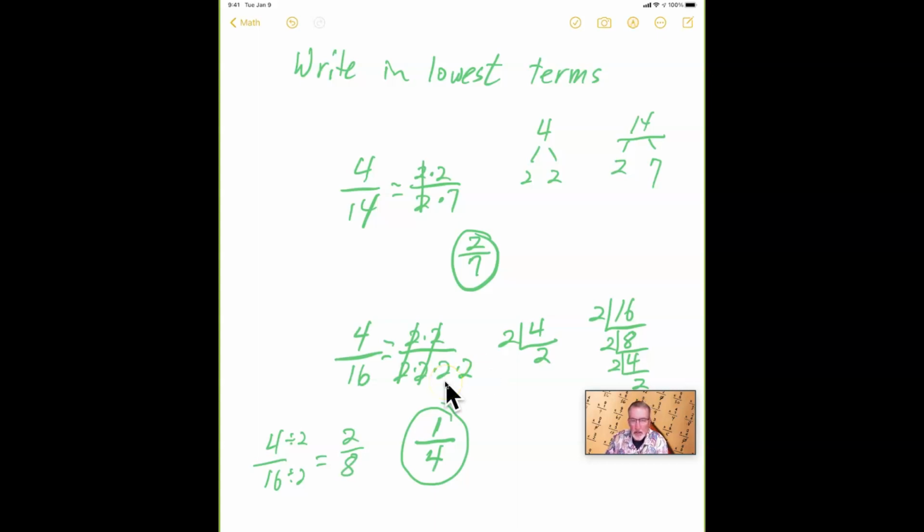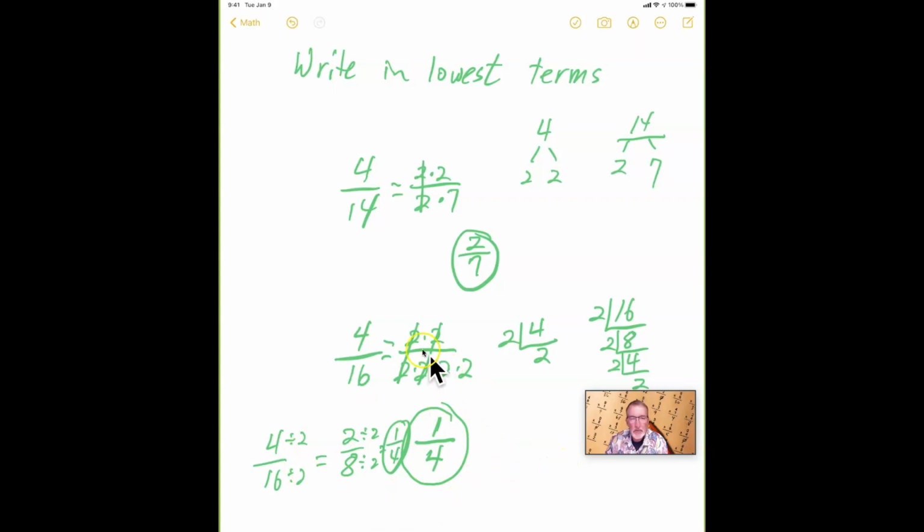And then 2 and 8 are both even, so you're going to divide them by 2 again. And you're going to get 1 over 4. So you'll end up at the same answer, but as the numbers get bigger, this prime factorization method will work really well for canceling out, and whatever you have left is what your fraction is going to be.